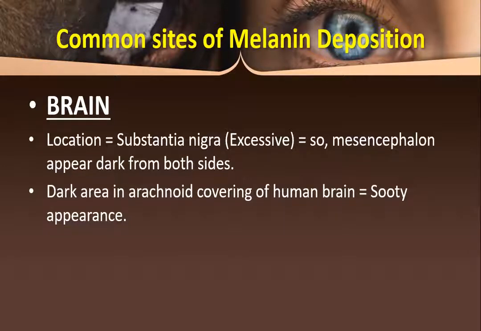Substantia nigra and the mesencephalon are two sites where melanin is normally present in very high amounts. There is also a dark area in the arachnoid covering of the human brain. What is the arachnoid covering? You should know about the anatomy of the brain. Then they have a sooty appearance, a specific appearance you can observe easily.